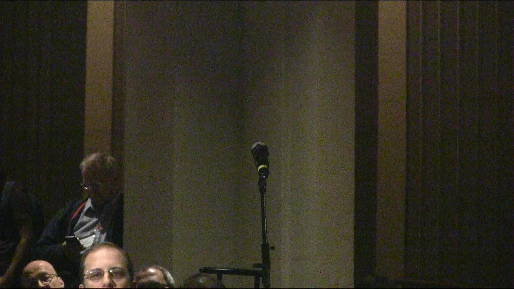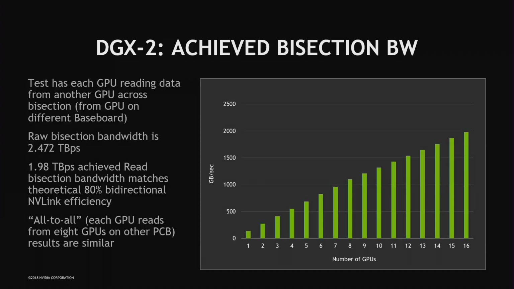So in order to read data, you've actually got to send a request for that data, and those requests also have to go across the bisection between the two boards. Once you go over 8 GPUs, the requests start eating into the bandwidth of the responses, and you get that slight tapering there. But it's very linear once you get past that.